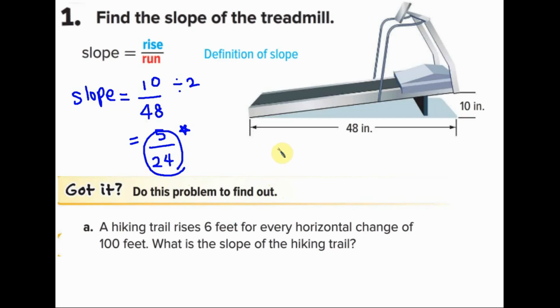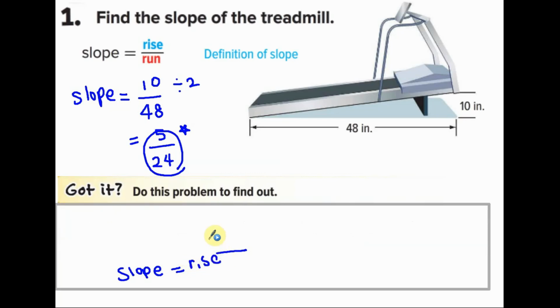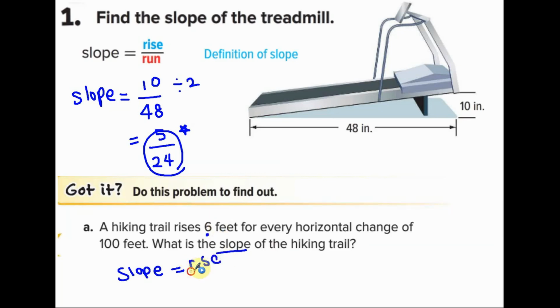A hiking trail rises 6 feet for every horizontal change of 100 feet. What is the slope of the hiking trail? So I'm asking you to find the slope again, where slope is rise over run. Then I've noticed that 6 feet is representing this trail's rise.